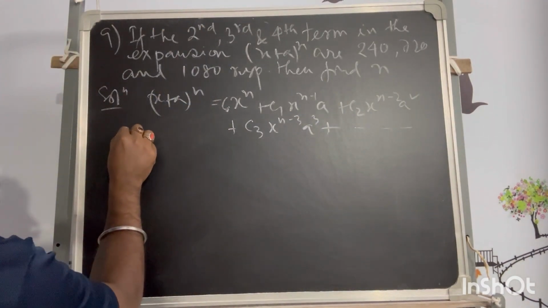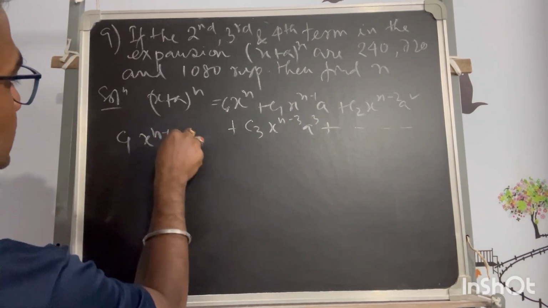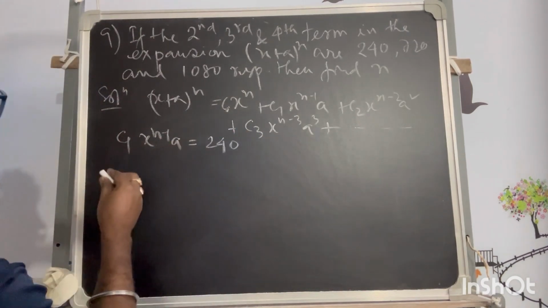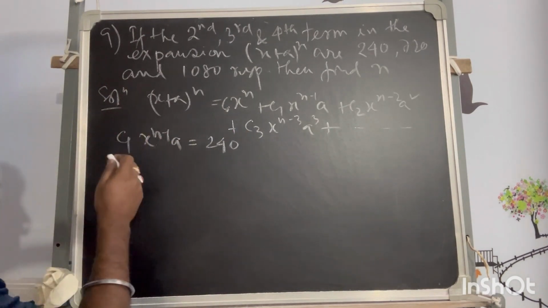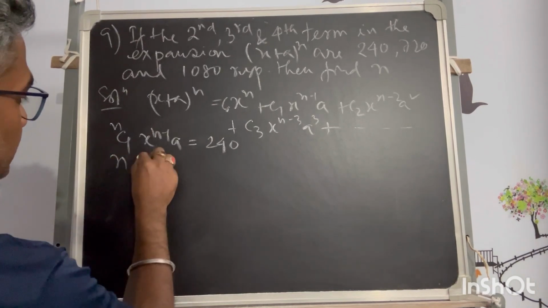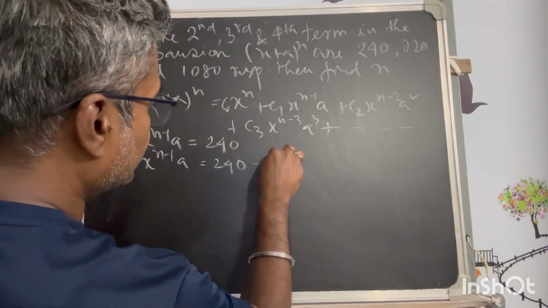So now I will equalize nC1 x to the power n minus 1 into a equal to 240. Now I will make it simpler: nC1 is n, so n x to the power n minus 1 a is equal to 240. This will be my first equation.